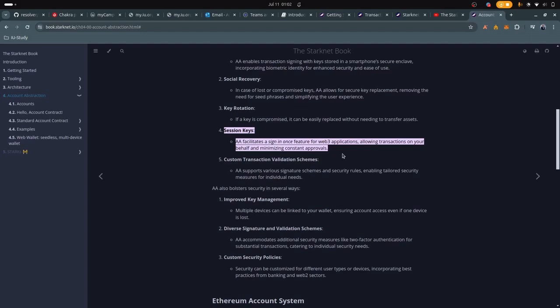It also makes it possible to implement gasless transactions. Users don't have to pay gas fees for their transactions. It's covered for them by the protocol. Gasless transactions are also possible using Paymaster on Starknet.